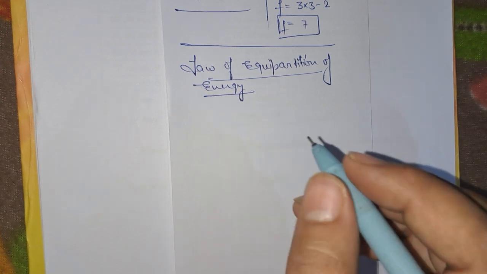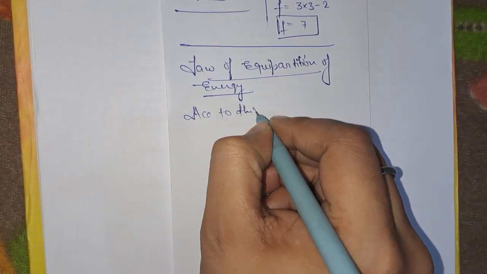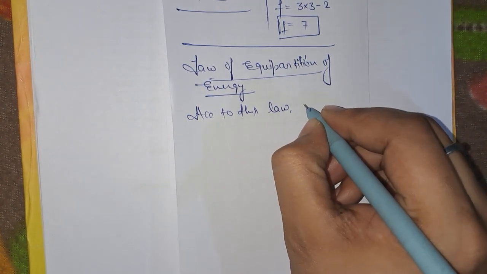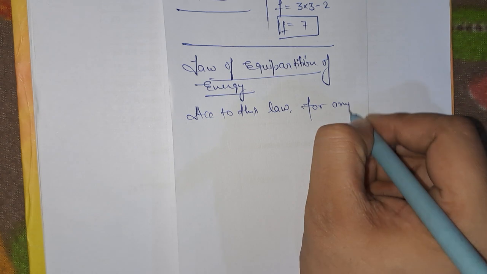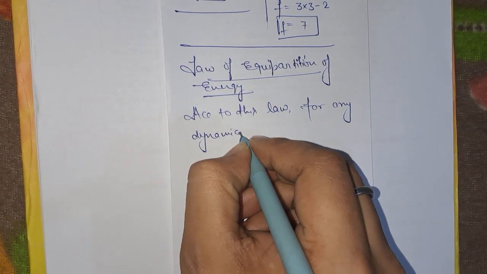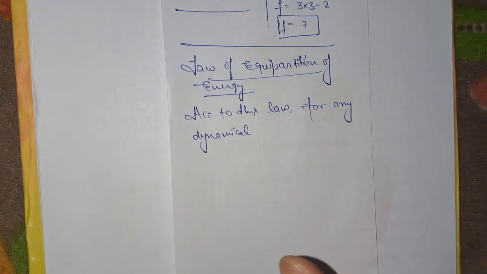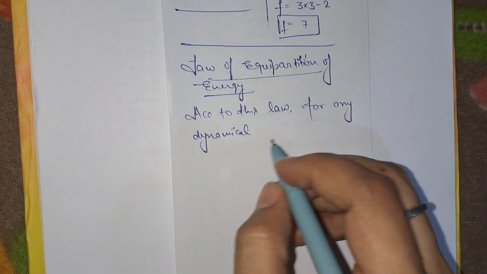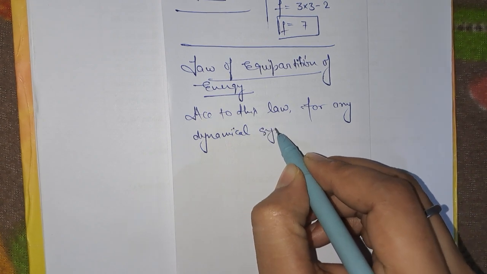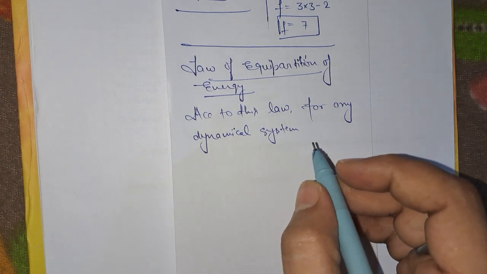According to this law, let us say for any dynamical system, why are we saying dynamical? Because the motion of the particle is always going on. For any dynamical system, the overall energy is considered to be constant.